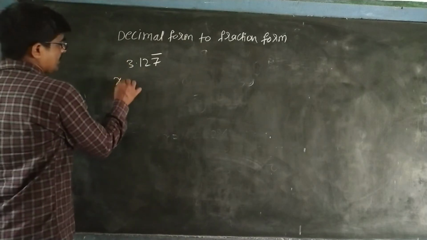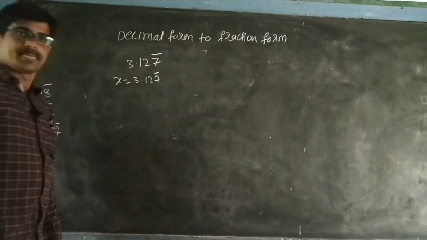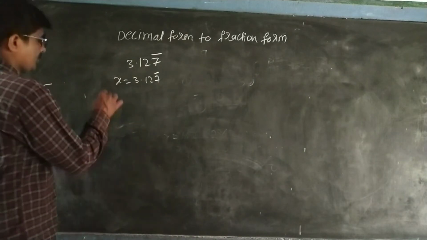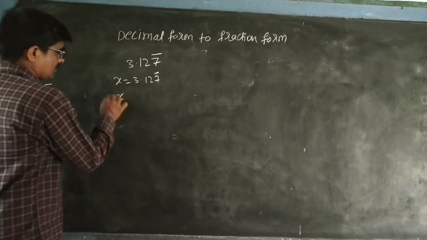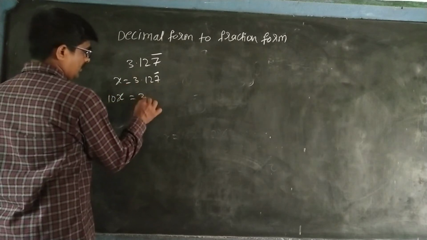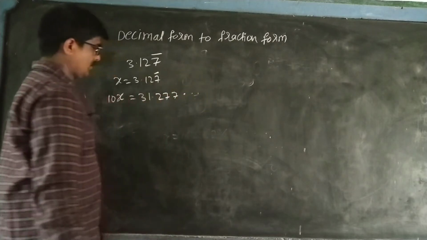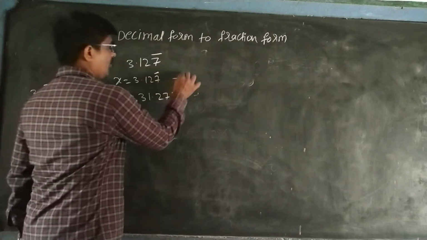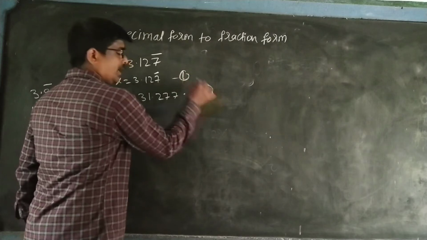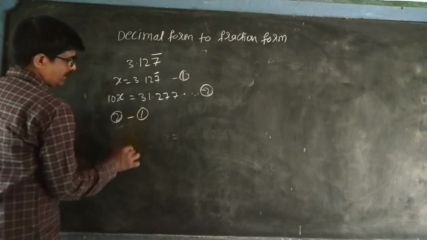So let x be equal to 3.127 bar. Next, 10x is equal to 31.277 and so on.